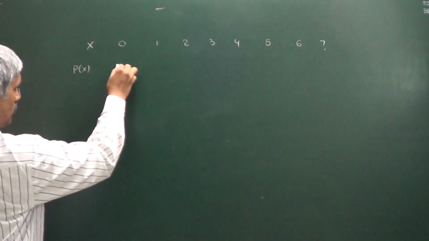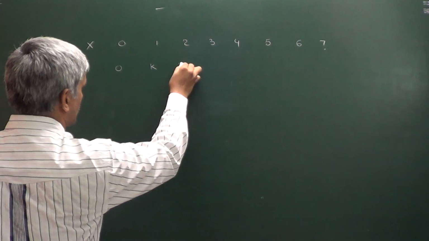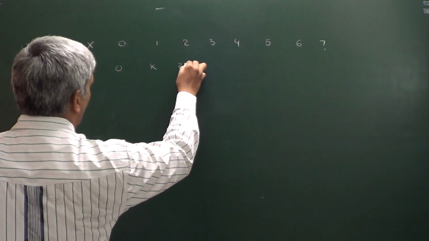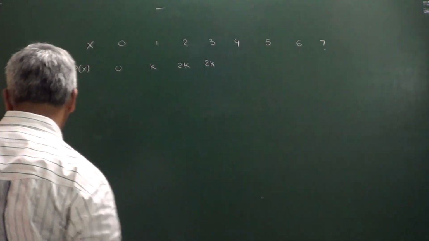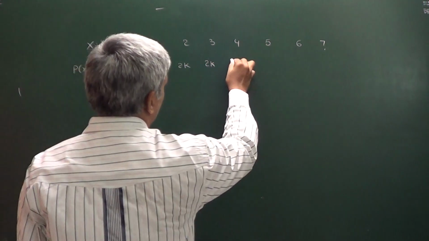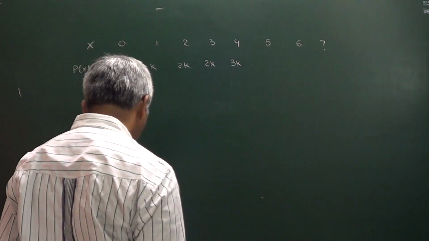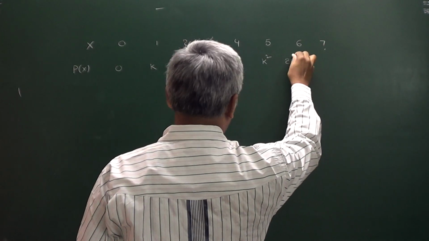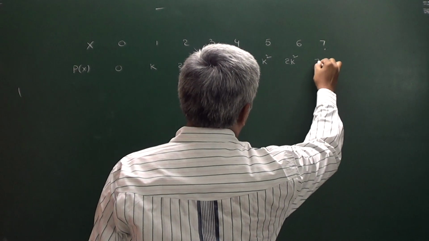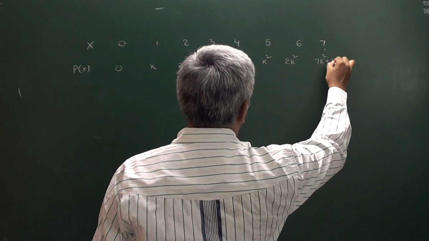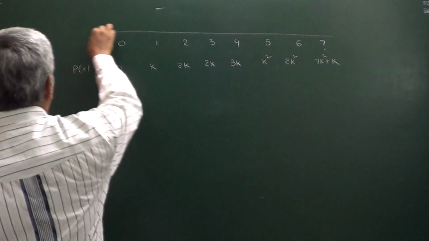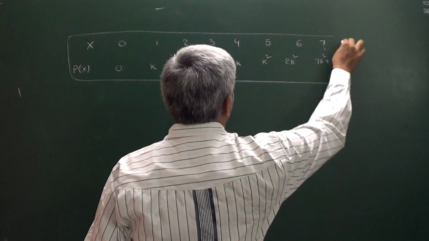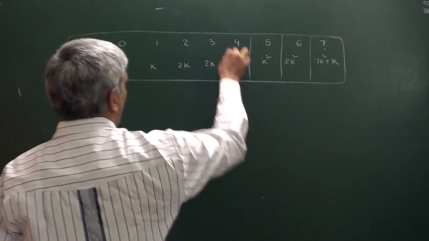P of x is equal to 0, k, next they have given 2k, 2k, and next they have given 3k, next k square, 2k square, k square, 2k square, and the last one they have given 7k square plus k. So this is the probability distribution given. Then he is asking to find the value of k.